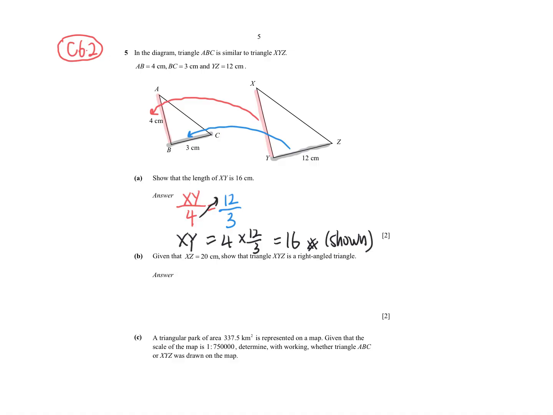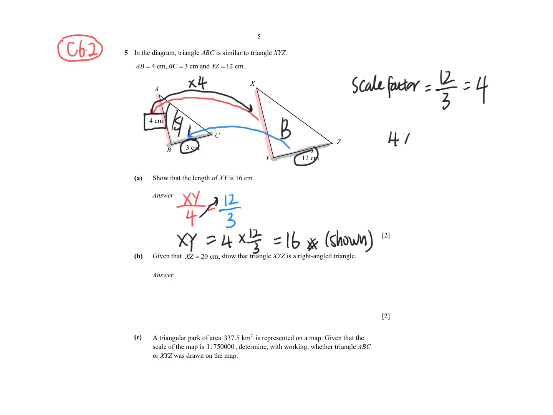So some of you did the scale factor. You see that from the small one to the big one, it is increased by 4 times. So that means here to here should increase by 4 times as well.